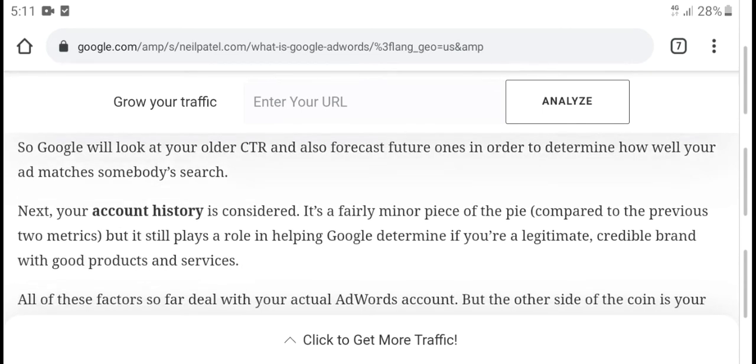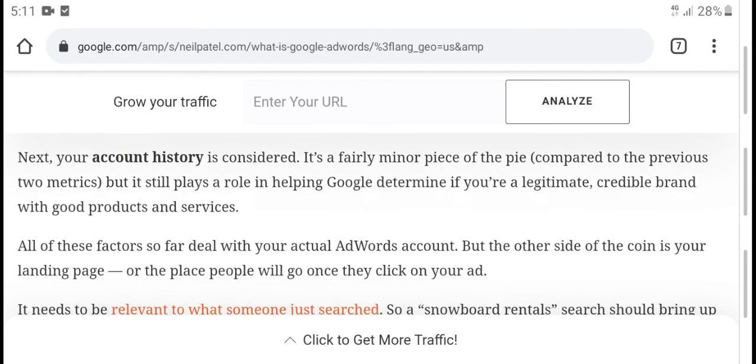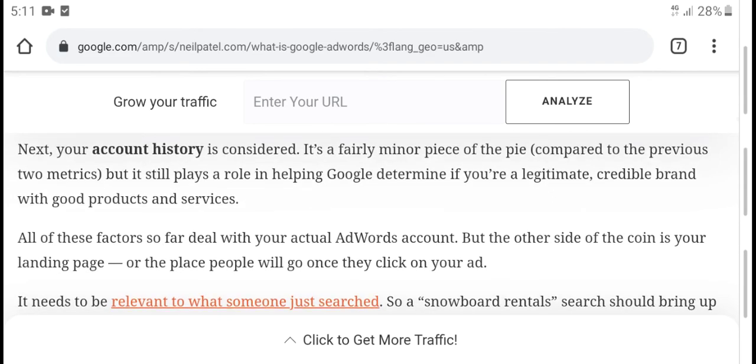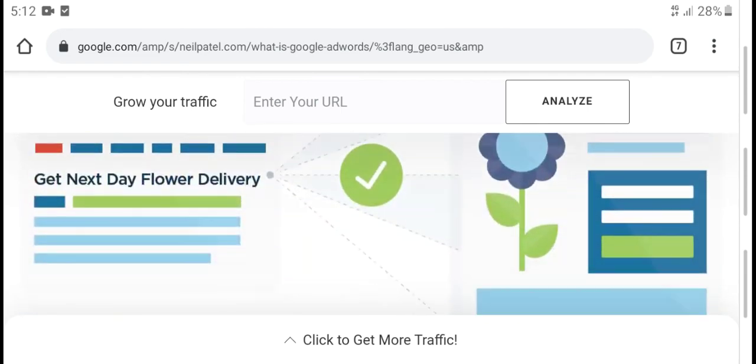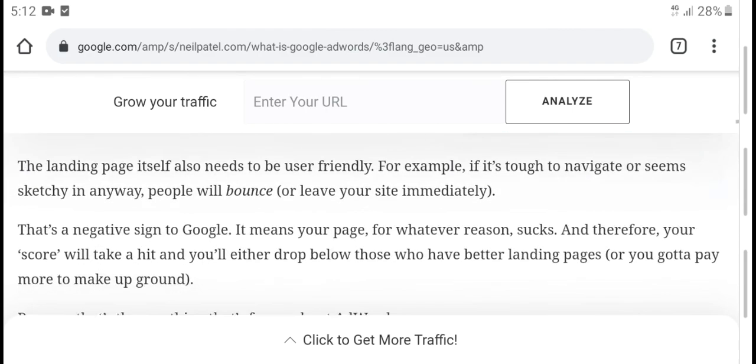So Google and Base look order CTR, also forex future and orders demand how to ads next account history and constant more price campaigns. Get next day and forward directly.